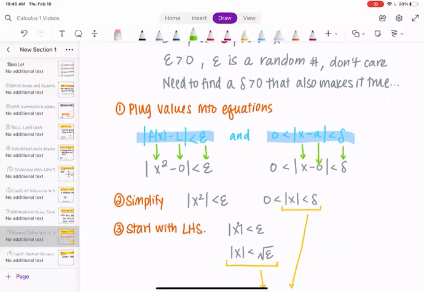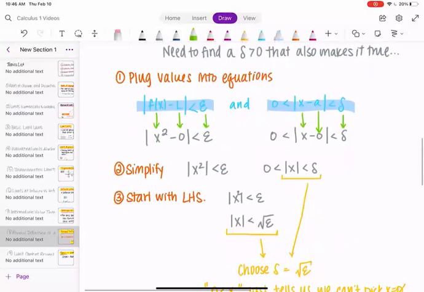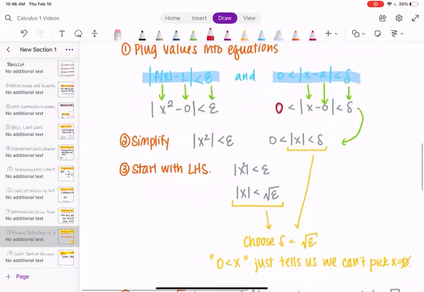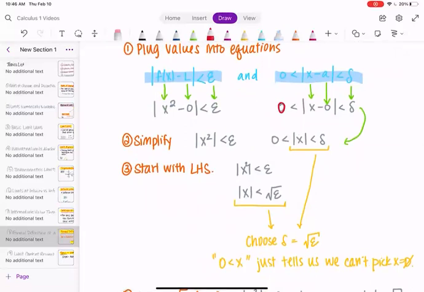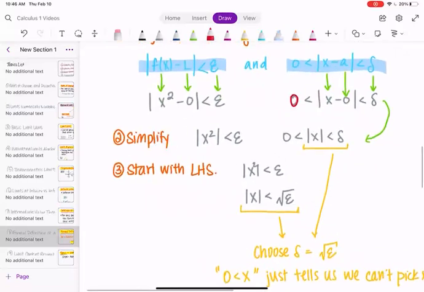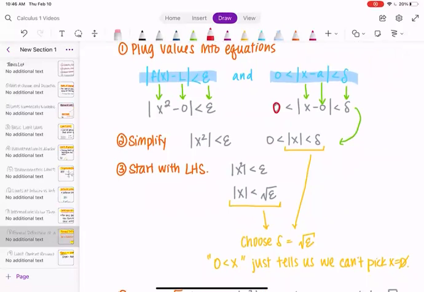So now everything is plugged in, and we're going to simplify it to get rid of all of the zeros, basically. The one zero we can't get rid of is this one, because that's built into the actual function. Anything plus or minus 0, we can get rid of. So now we've got it simplified. So we're going to start with, and this is why it's easier to choose epsilon to be your random number, we're going to start with this function.